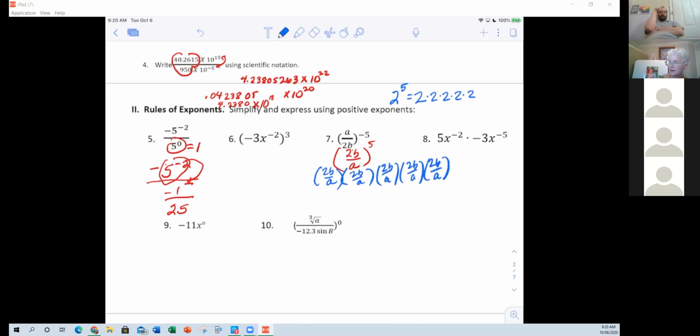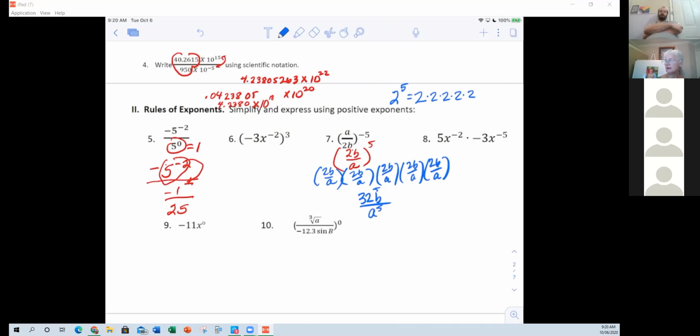Yeah. Okay. So if you multiply 2 times 2 times 2 times 2 times 2, what would you get? 32b. B to the 5th. Yep. And what would the bottom be? A to the 5th.